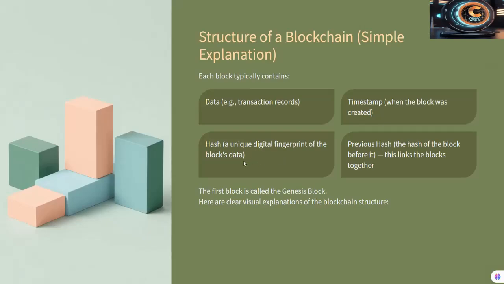Hash is the unique fingerprint of every computer or node containing the blockchain. Previous hash: the hash of the block before it. This links the blocks together. The first block is called the Genesis block. Here is a clear visual explanation of the blockchain structure.